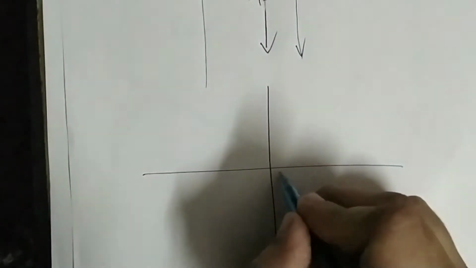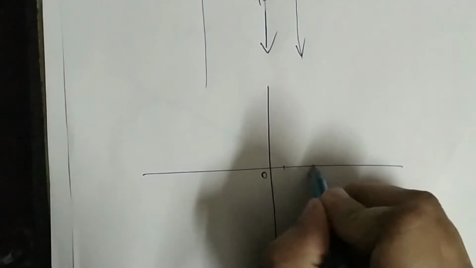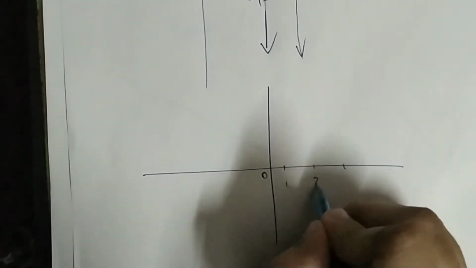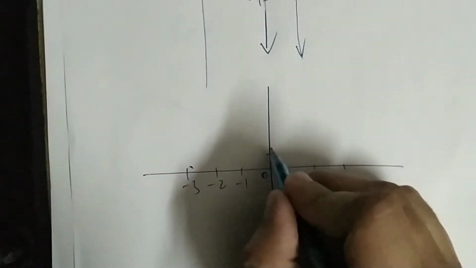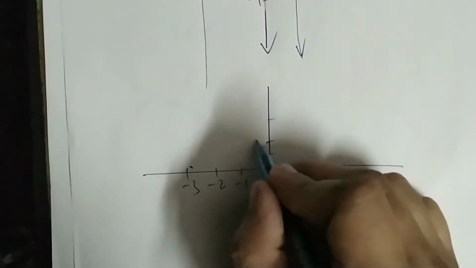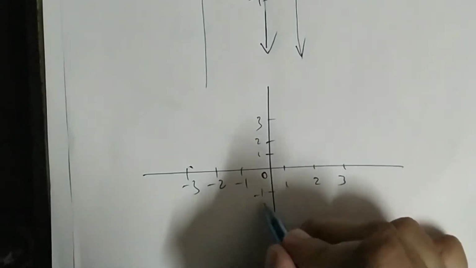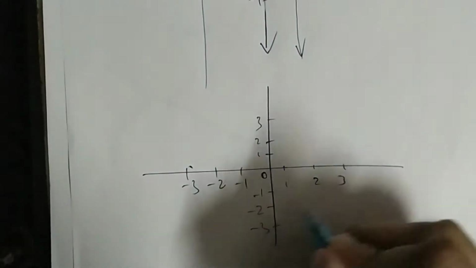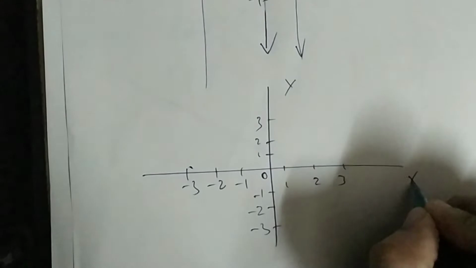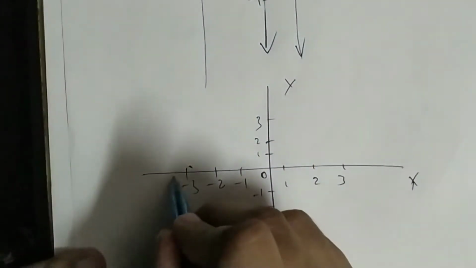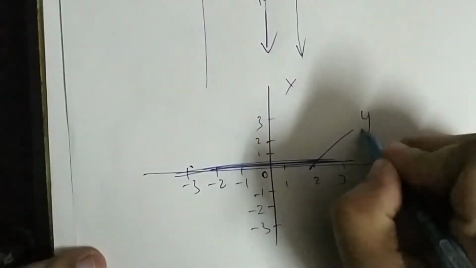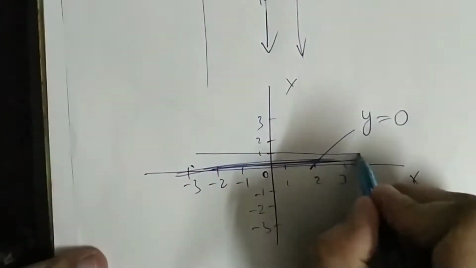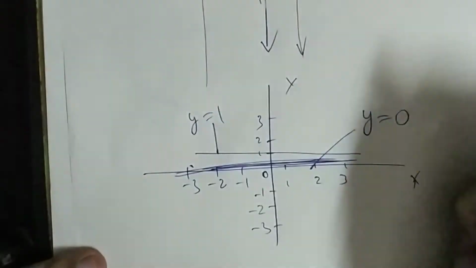In the same way, this is 0, 1, 2, 3, minus 1, minus 2, minus 3 on both axes, x-axis and y-axis. So this line, the x-axis only, is y equal to 0. This line is y equal to 1.